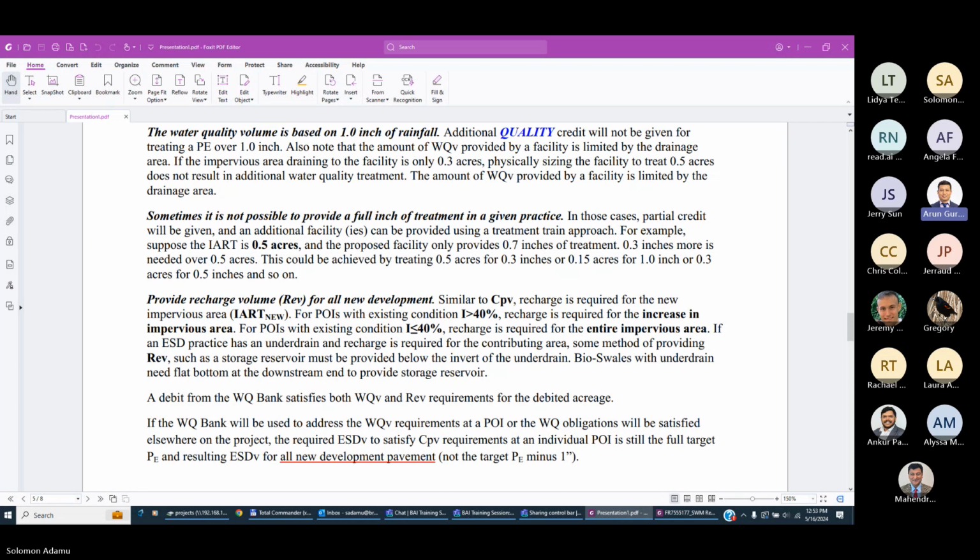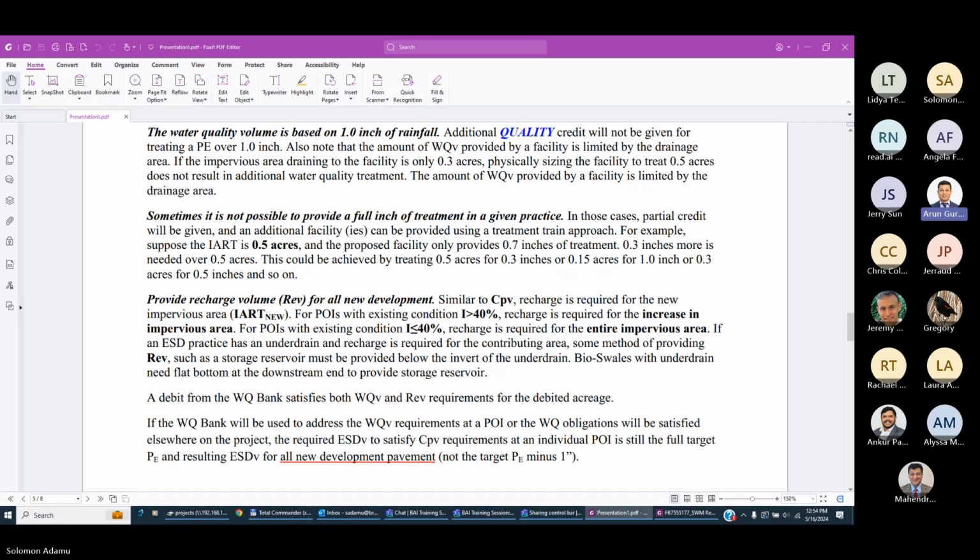There are various infiltration practices which provide recharge. Your recharge first depends on your soil type. For different soil types, there are different recharge factors that you use to calculate how much volume you need to infiltrate.